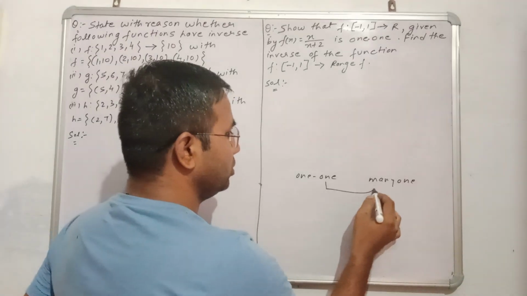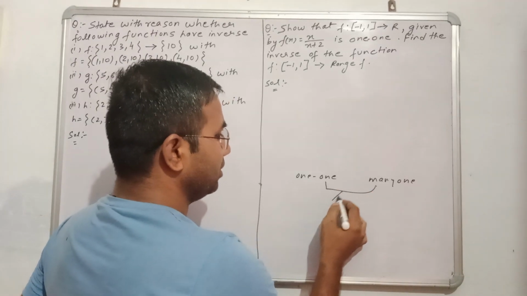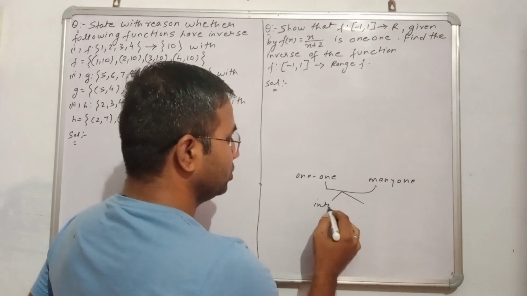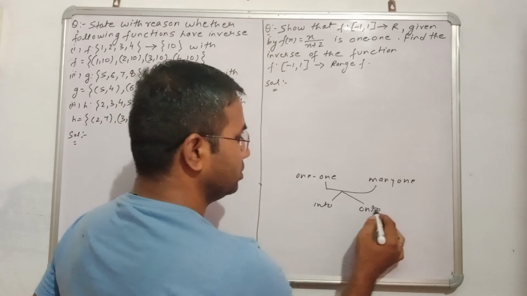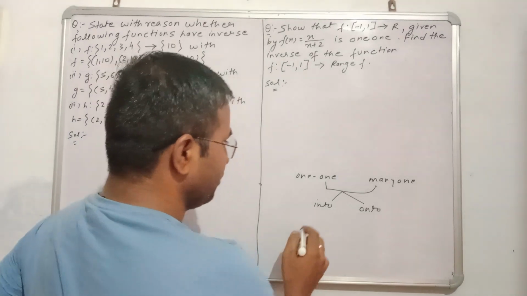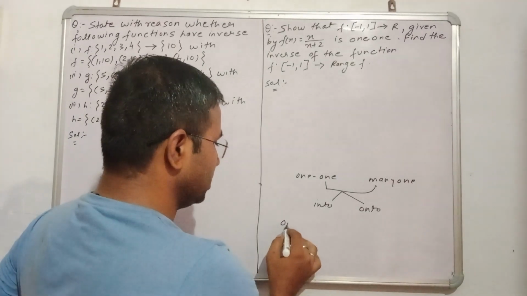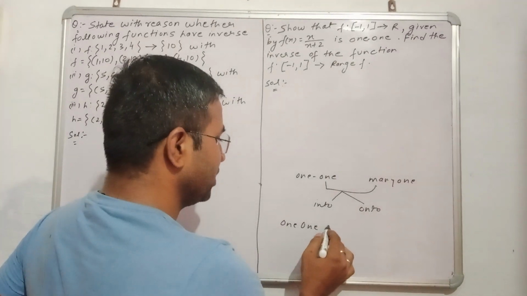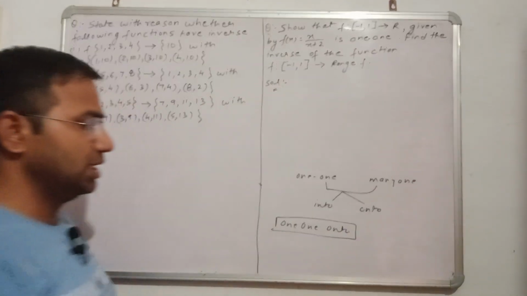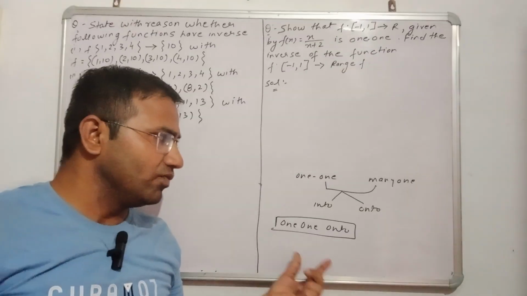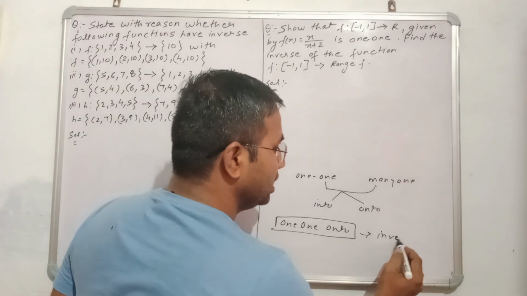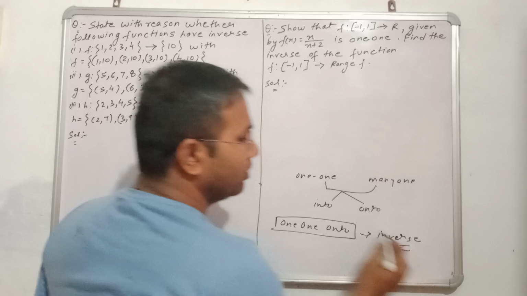After that I have told you that both can be into also and onto also. So if a function is one-one and onto, then that function has an inverse only.